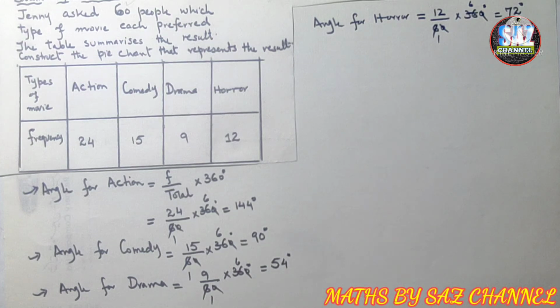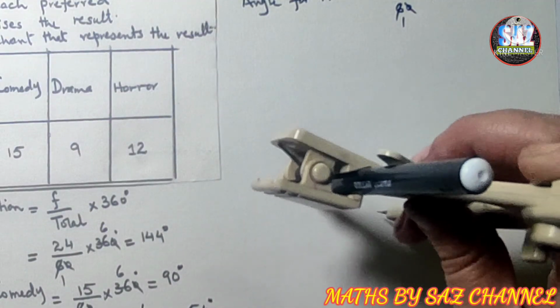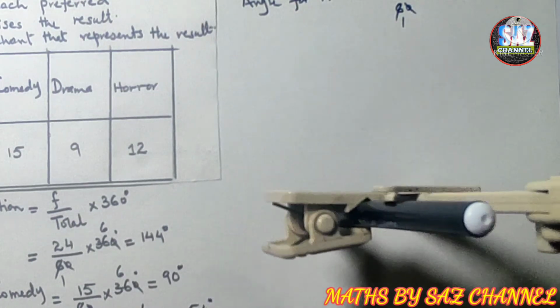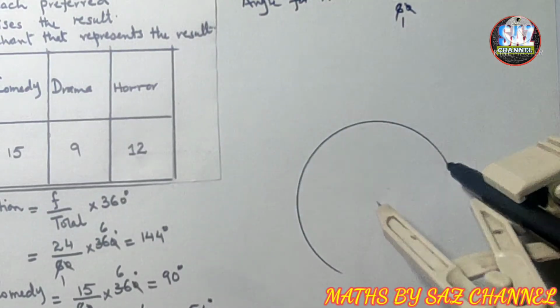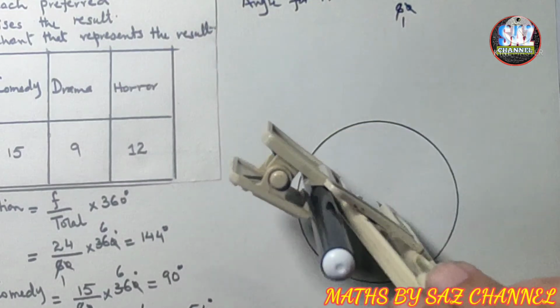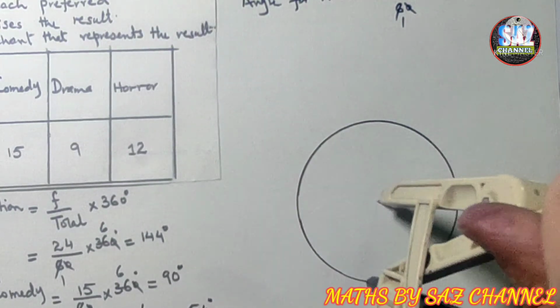Now we know that the pie chart is a circular diagram. So first of all, what we have to do, now we have to draw the circle of appropriate radius. Size of the circle does not matter at all. We can draw the circle of appropriate radius, okay, but the angles have to be really correct, okay.